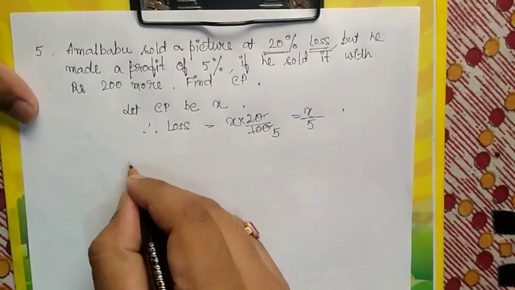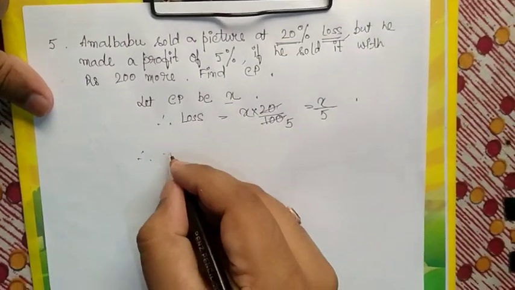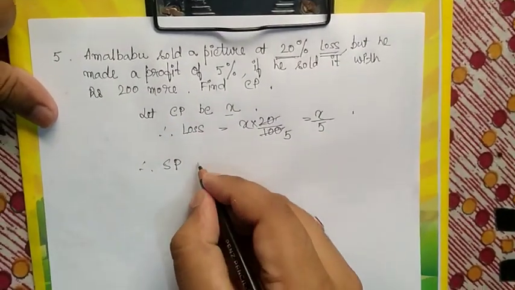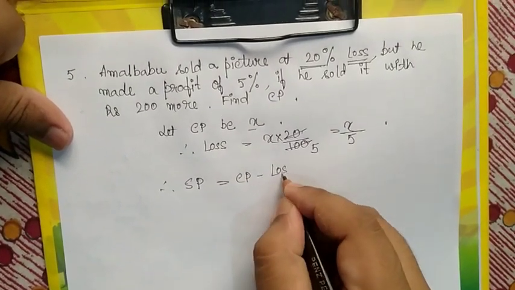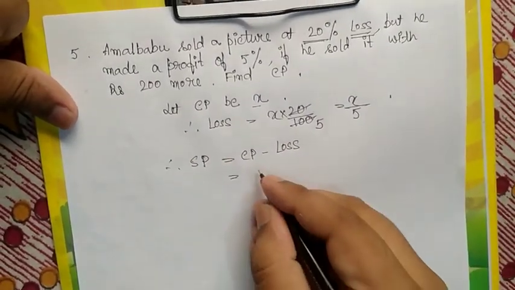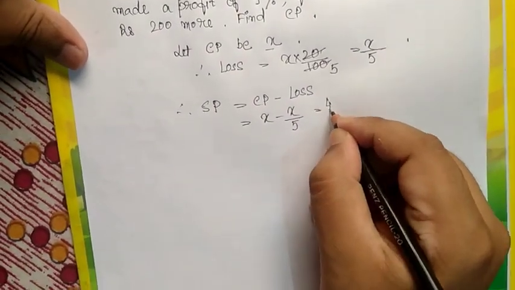So we know the CP is X and loss is X by 5. So therefore SP equals CP minus loss, so X minus X by 5 equals 4X by 5.